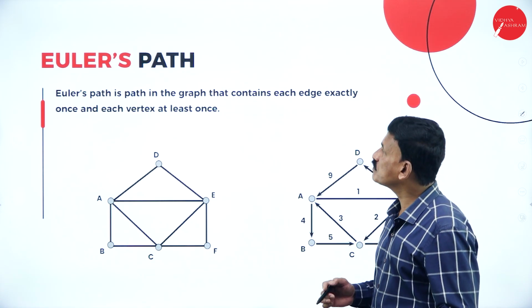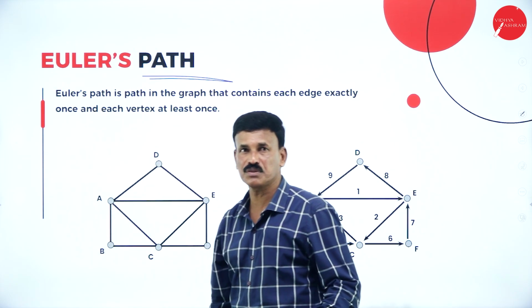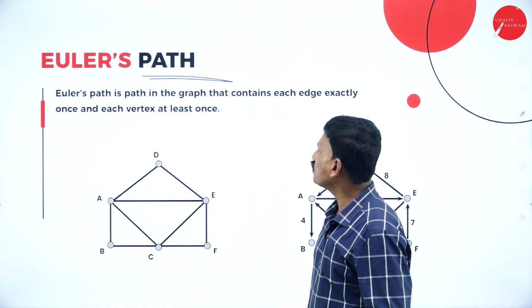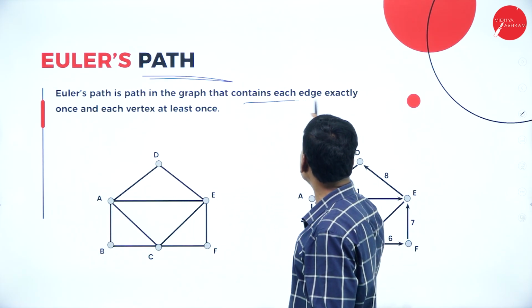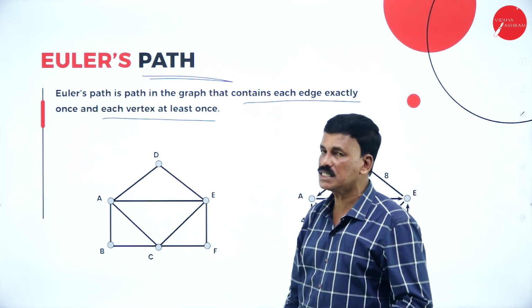Let us come to the next one, Euler's path. This is also very important; they will ask one question from Euler's path. Euler's path is a path in the graph that contains each edge exactly once and each vertex at least once.